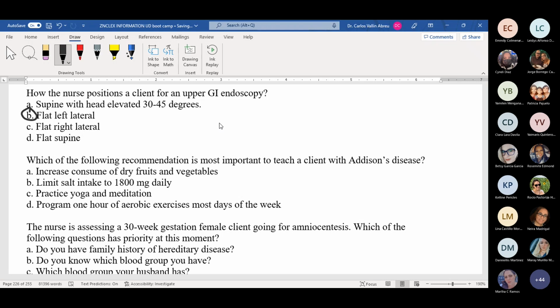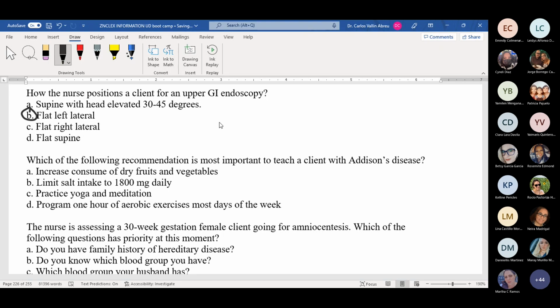Remember that positioning is nursing business. We are supposed to know in which position the procedures are practiced. We're supposed to know in which position a colonoscopy is done or a barium enema is done. We are supposed to know in which position a lumbar tap is done, a bone marrow biopsy is done, a thoracentesis is done, a paracentesis for decompression is done.